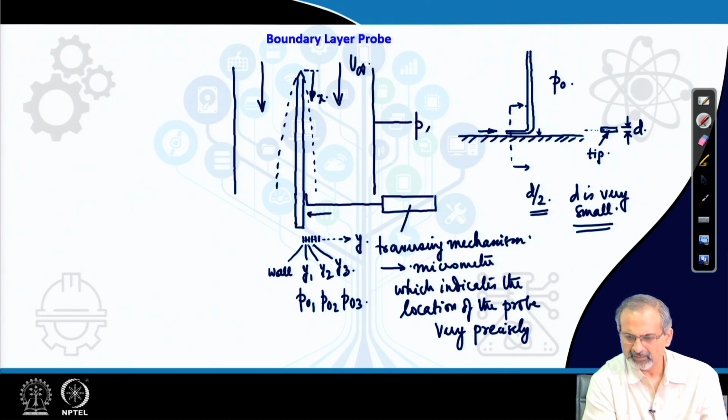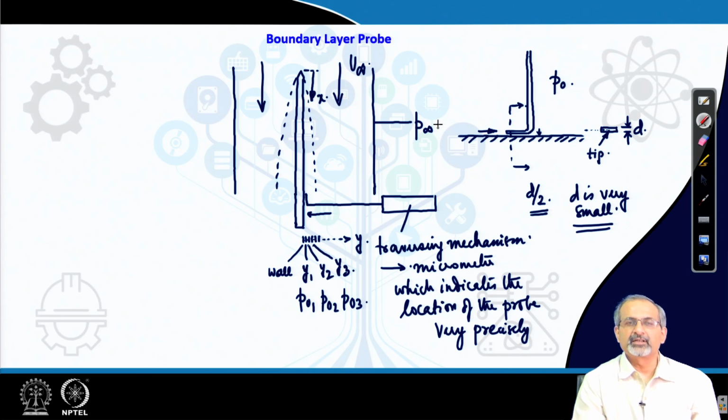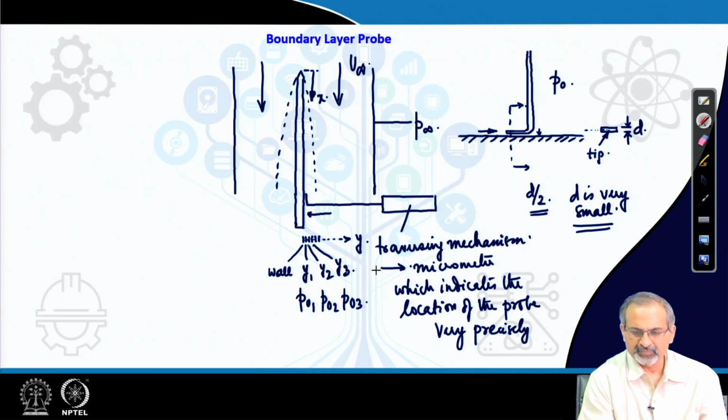Record the wall static pressure by having a different port located on the wall of the tunnel, and record the P naught from the boundary layer probe.